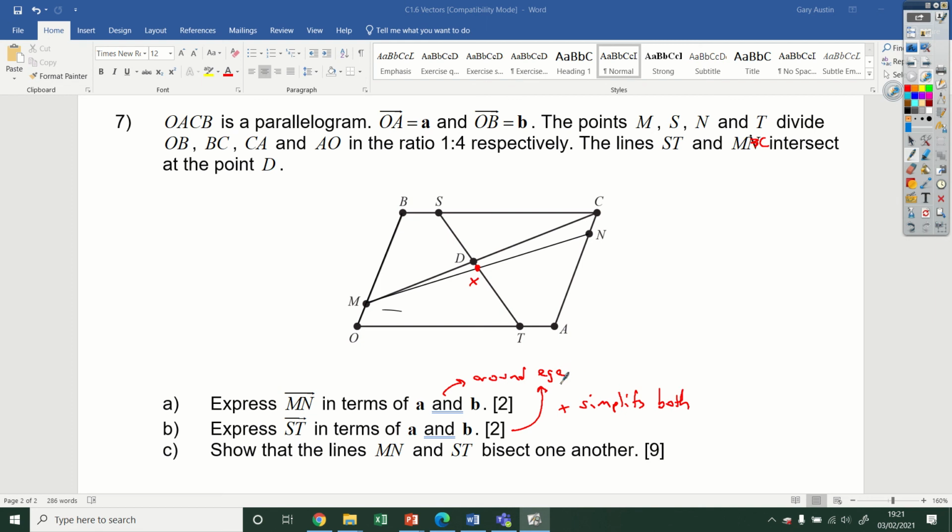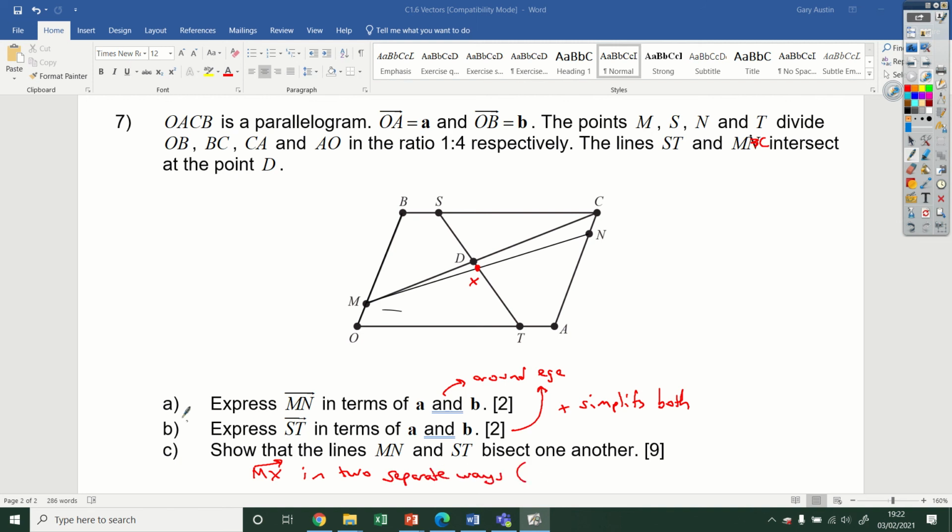And then for part C, we're showing that the lines MN and ST are bisecting one another. Now this is very similar to questions we've looked at before, and it's worth 9 marks. So it's the same setup as we've seen before. You want to do the same vector twice. I would probably suggest you do M to X in 2 separate ways.